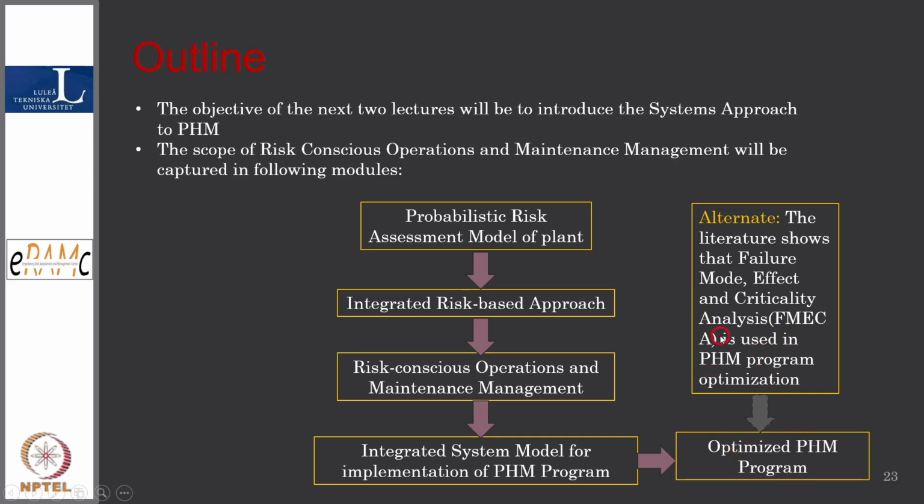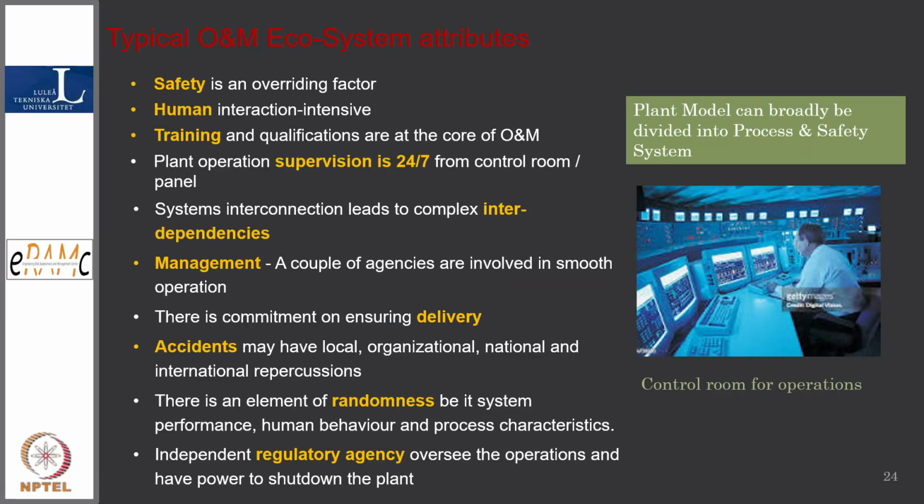But it is my belief that you need a probabilistic model for identification, prioritization, and all those things, and then based on that PHM can be implemented. So this is the alternative. It is available in the open literature. So let us see.